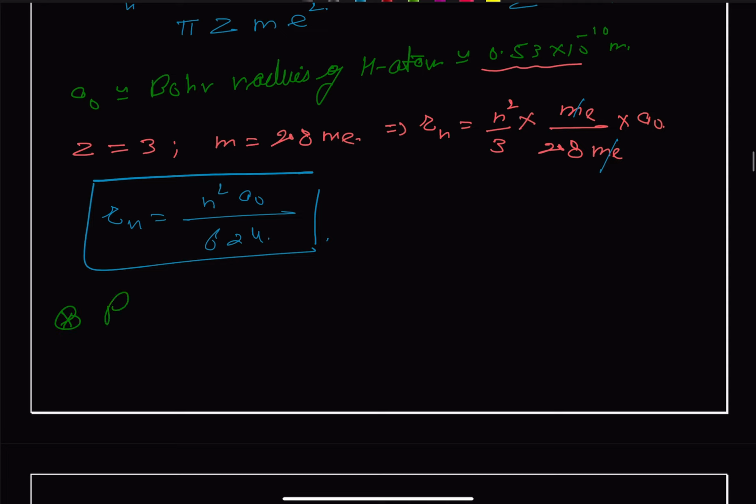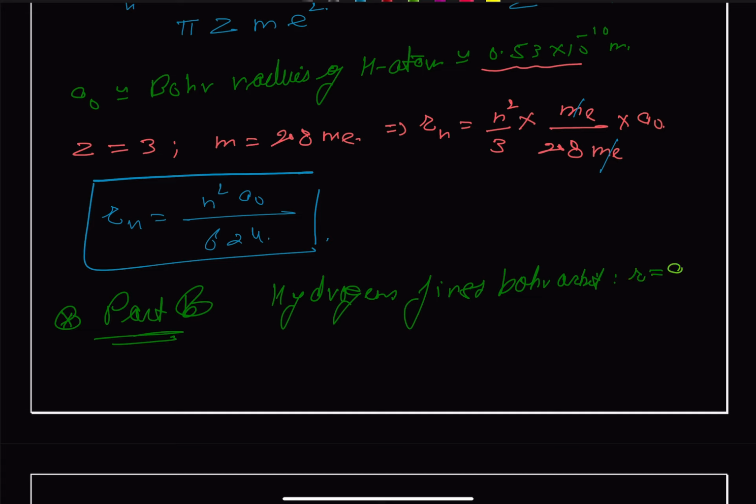So part B, we have to find out value of n such that radius equals hydrogen's first Bohr orbit, we can write that our R is equal to value of a naught.